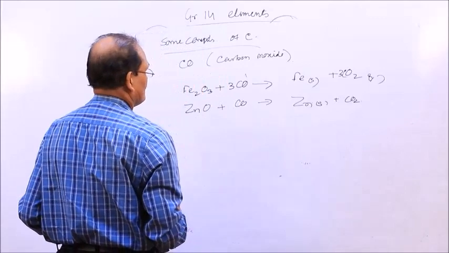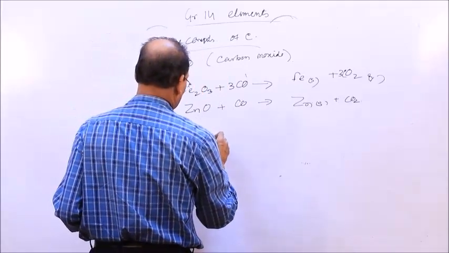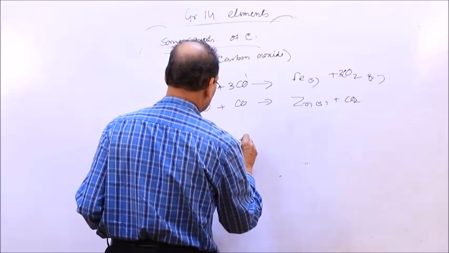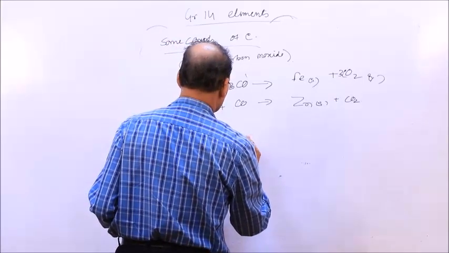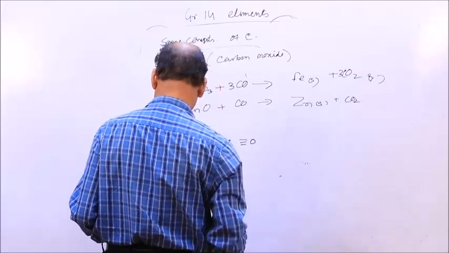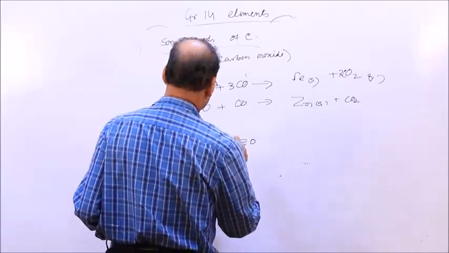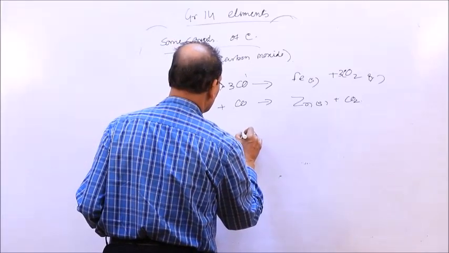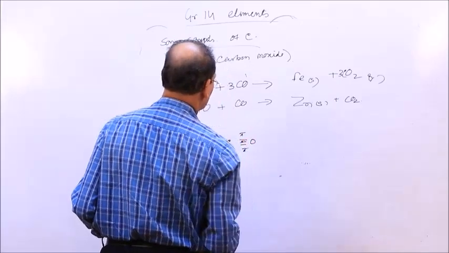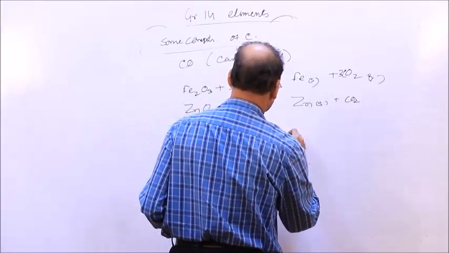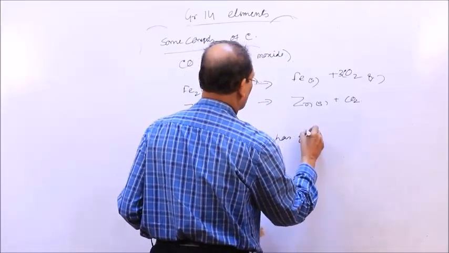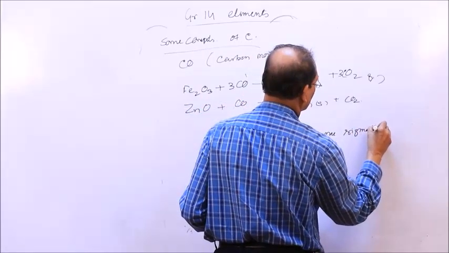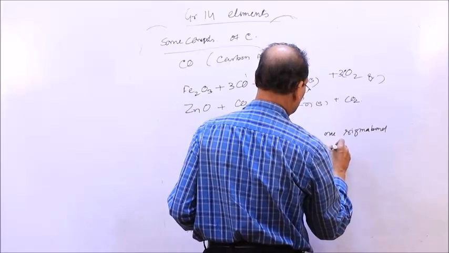In carbon monoxide, we have the structure with 1 sigma bond and 2 pi bonds. This is 1 sigma bond, this is a pi bond, and this is a pi bond.